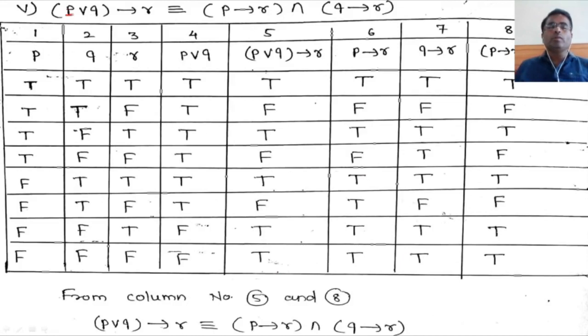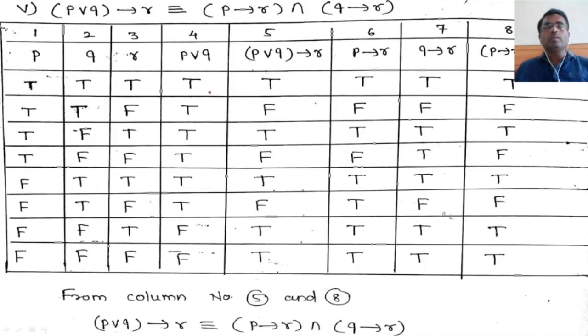Here you have the combination of P, Q and R. Therefore, we have to consider a table with 8 rows. So 4 T and 4 F, then 2 T, 2 F, 2 T, 2 F, then true, false, true, false, true, false, true, false.